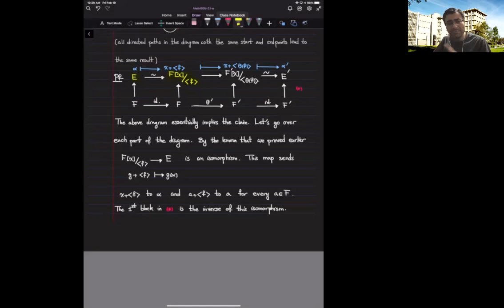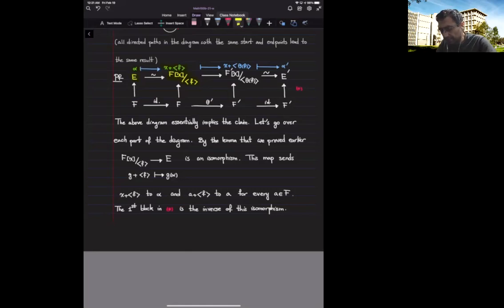And this isomorphism, if I go from the quotient ring to E, is just the evaluation map. Meaning if I give you a coset that's represented by a polynomial, you have to evaluate it at alpha. In particular, if I look at the inverse of this map, alpha is sent to the coset represented by X inside this quotient ring.